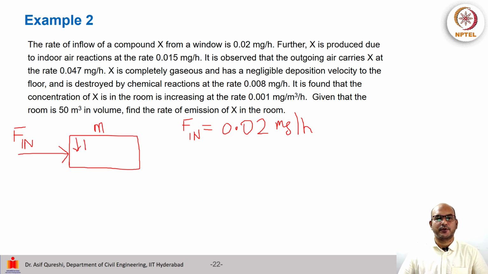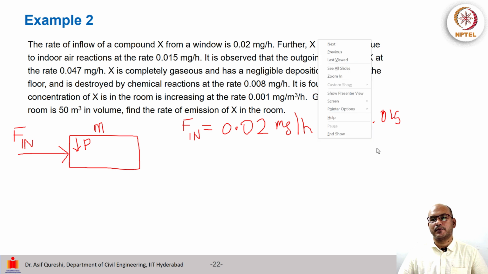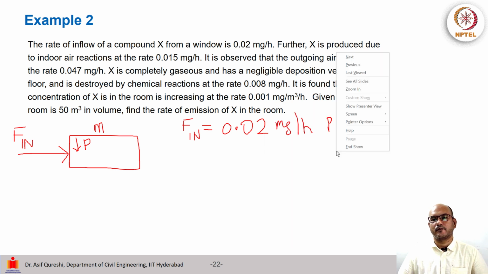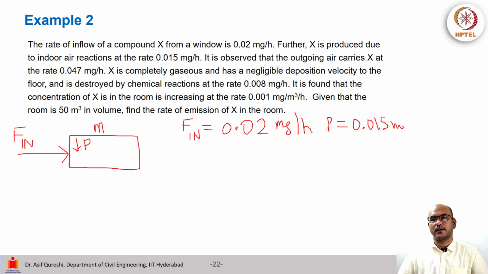So P is equal to 0.015 milligrams per hour.